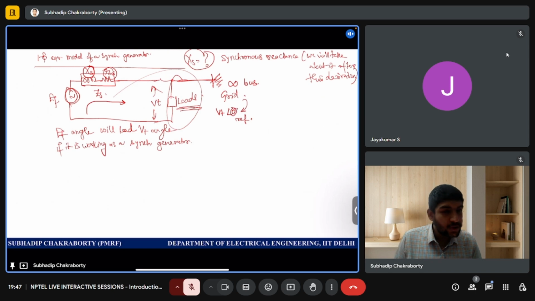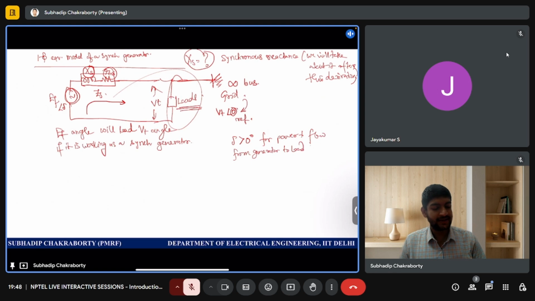So if the angle is 0 degree, I took the reference, the angle delta should be greater than 0 degree for power to flow from generator to load or grid or infinite bus.